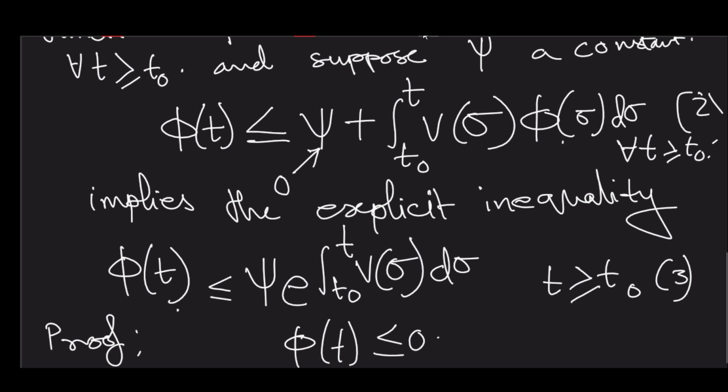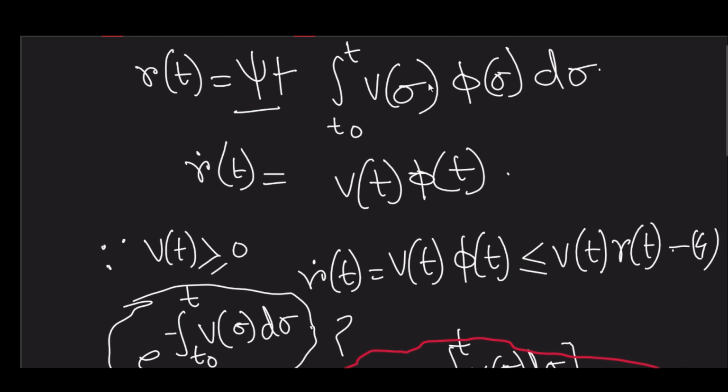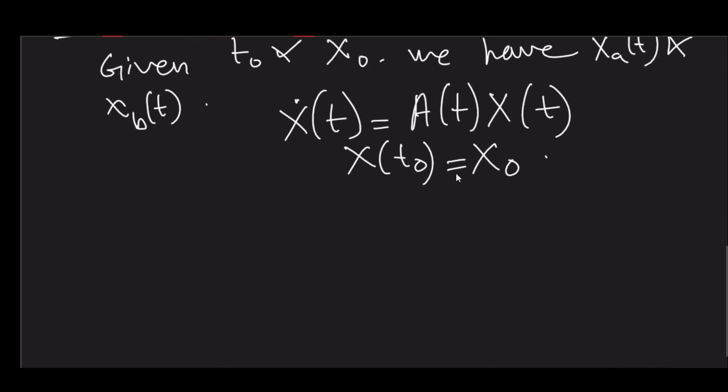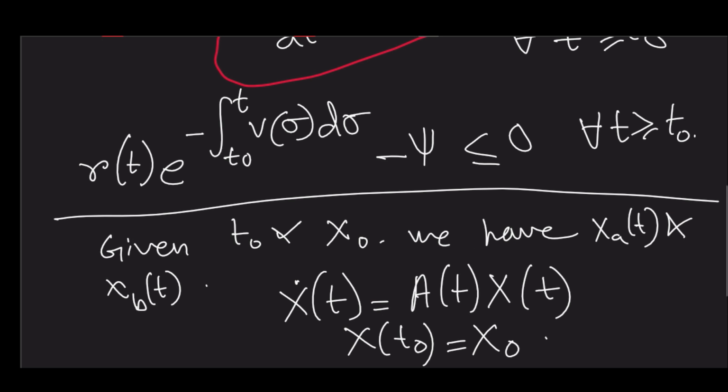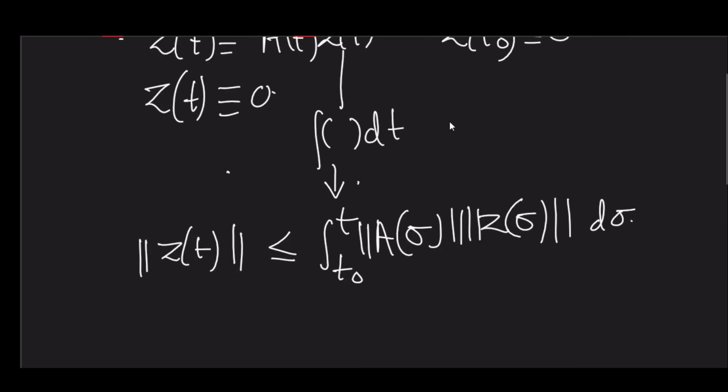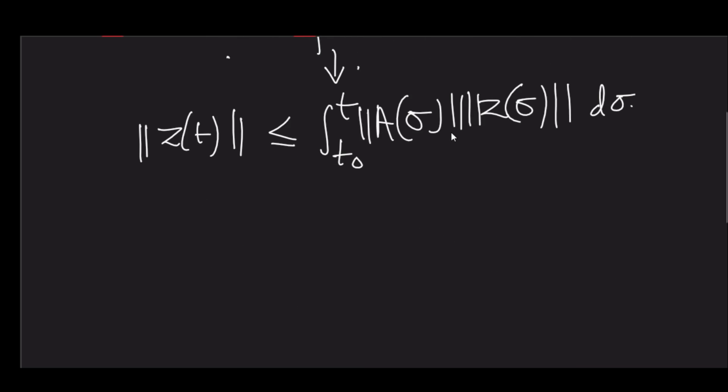Now see here, this leaves us with a possibility that the norm of Z(t) can be less than or equal to 0, but as this is a norm, it cannot be less than 0, it has to be equal to 0.